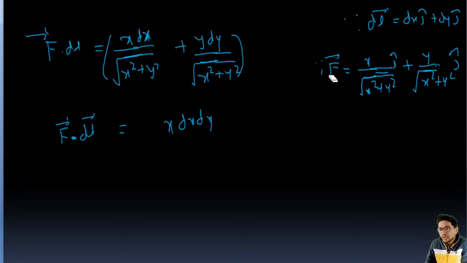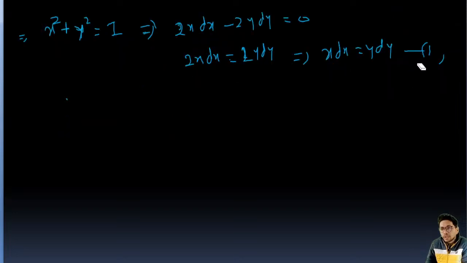How? Because we take the dot product of these, and we know how to do a dot product: i cap dot i cap is 1, so x dx, and likewise y dy. Now from equation number 1, it is clearly seen that x dx equals minus y dy.